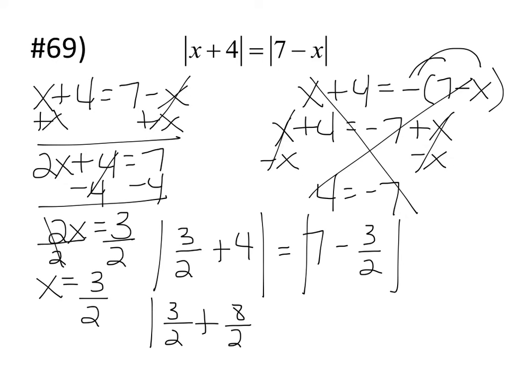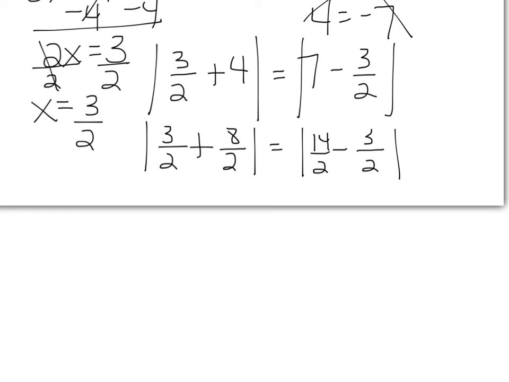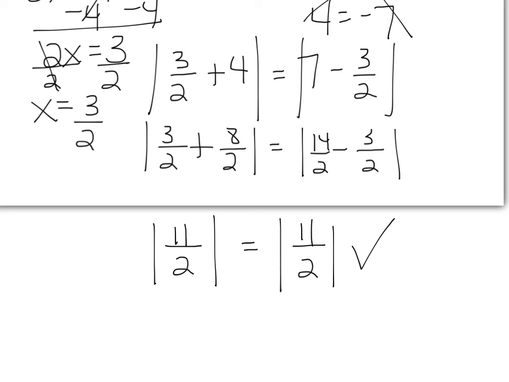So 8 over 2 is equal to 14 over 2. Okay. So we have 11 over 2, absolute value of 11 over 2 equals the absolute value of 11 over 2. So you know that x equals 3/2 is a good answer choice.